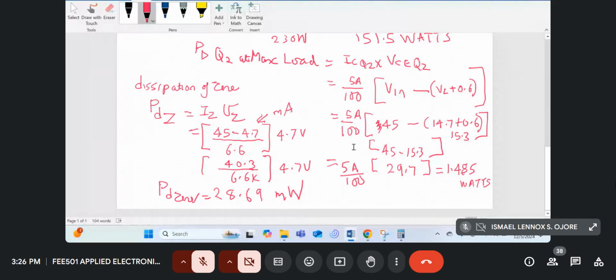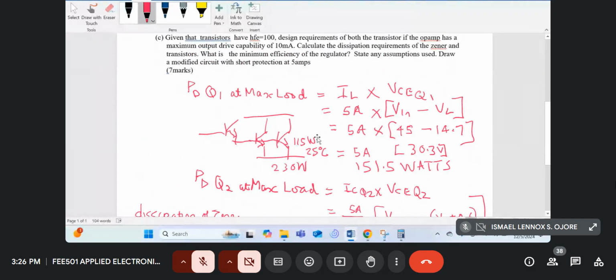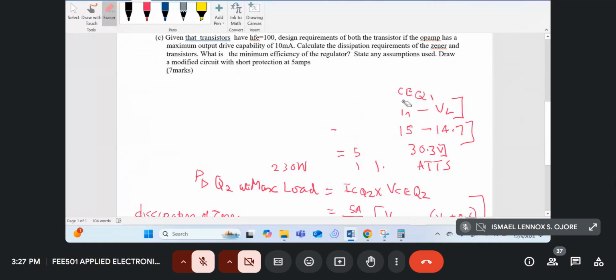What is remaining is the efficiency. I'll rub out these top ones we just did, because if I open a new page, I'm wasting time shifting back and forth to get the equation.